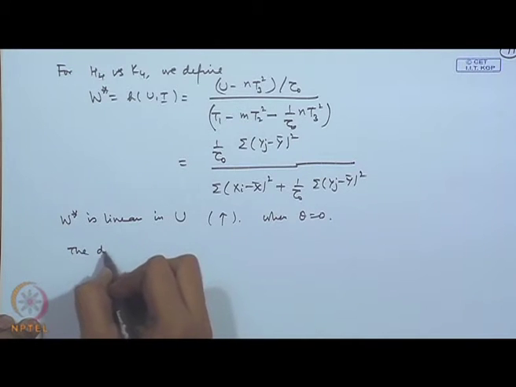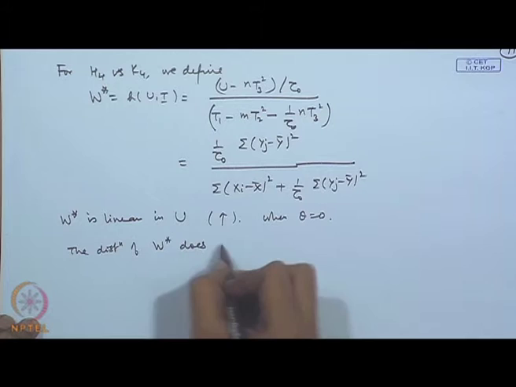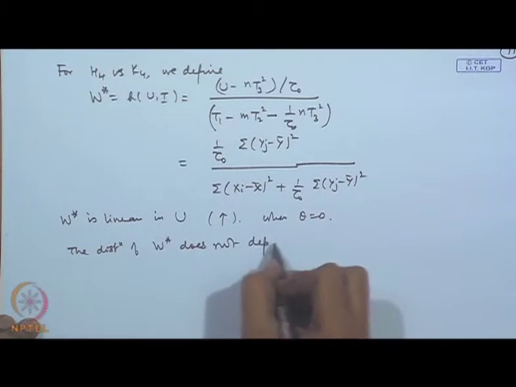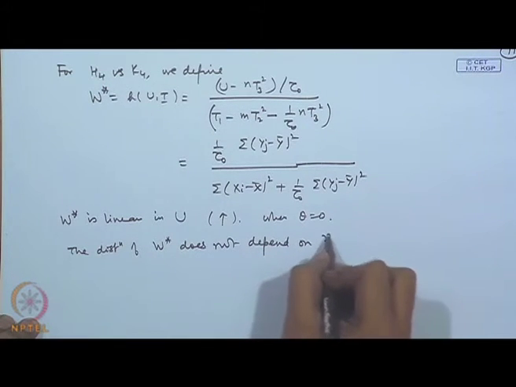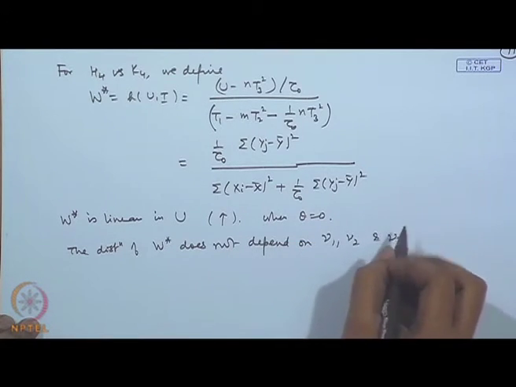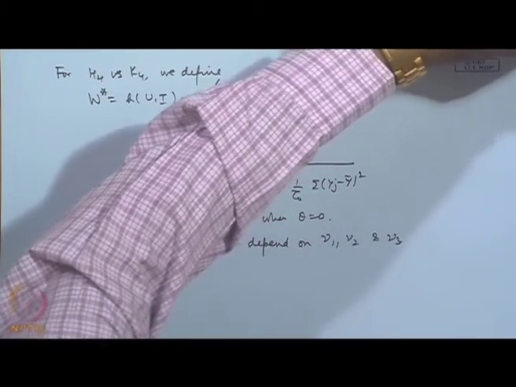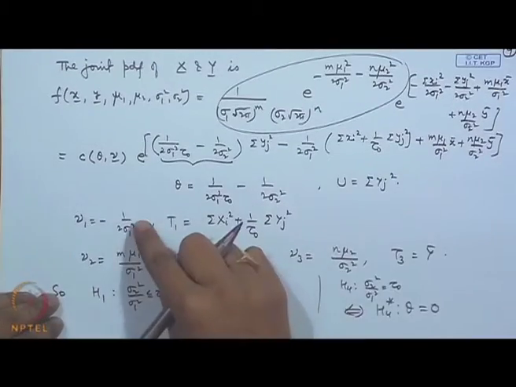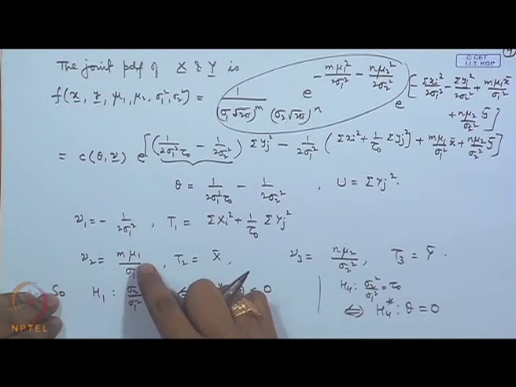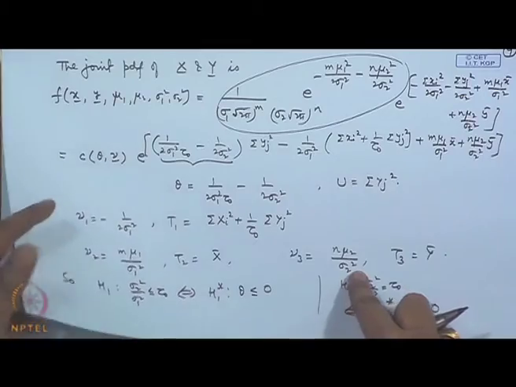The distribution of W star does not depend on nu 1, nu 2 and nu 3. The parameters that I defined here when I wrote in this particular fashion: nu 1 was minus 1 by 2 sigma 1 square, nu 2 was this and nu 3 was n mu 2 by sigma 2 square.